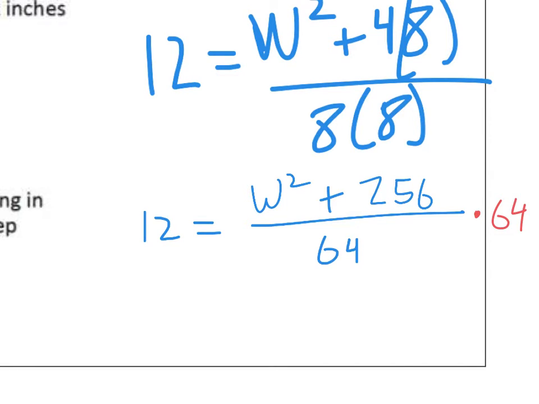So we're going to multiply both sides by 64. Remember when we were talking about our units and canceling the units, when units are on the bottom, we wanted to multiply them. That will cancel. You don't need to distribute out to 64 or anything. Just cancel it out. And so we have W squared plus 256 equals whatever 64 times 12 is.